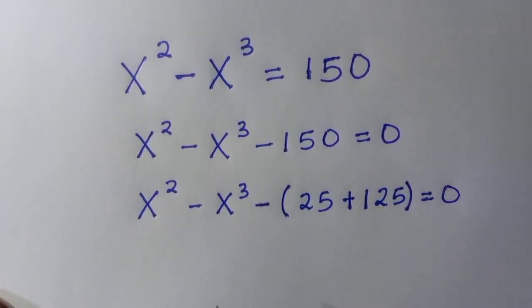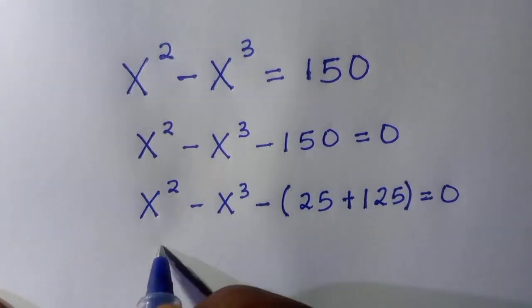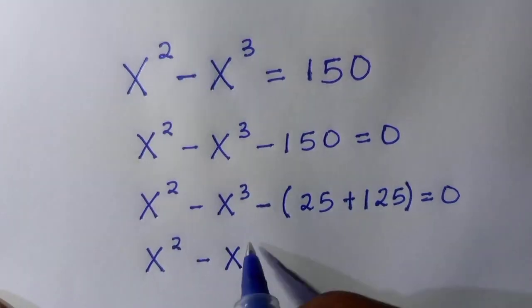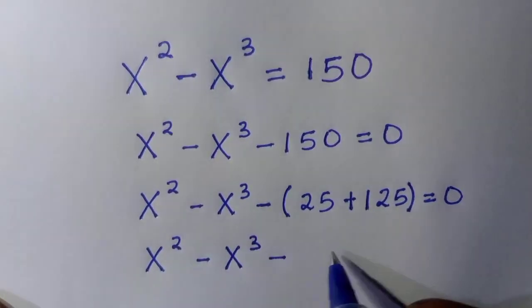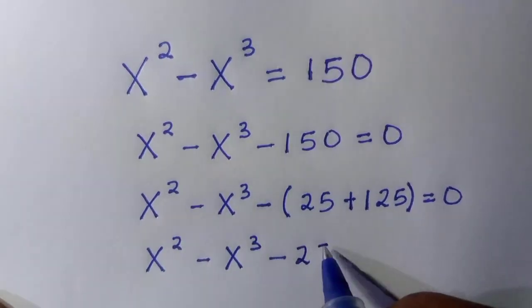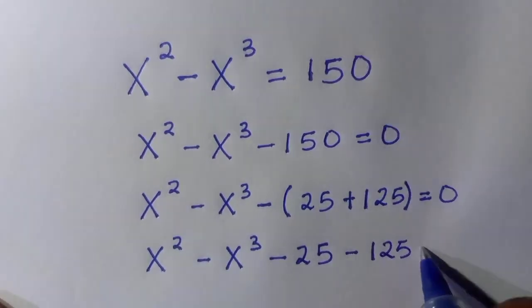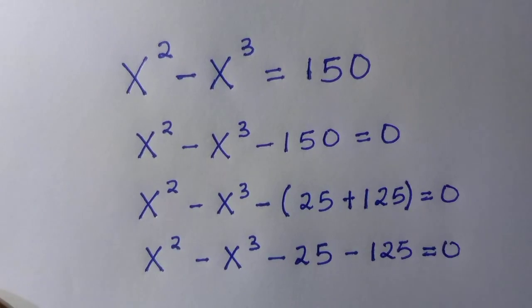So next we try to open the parentheses so that we have x to the power of 2 minus x to the power of 3 minus 25 minus 125 equals 0.